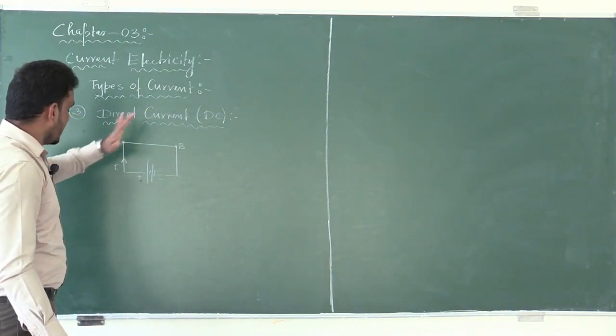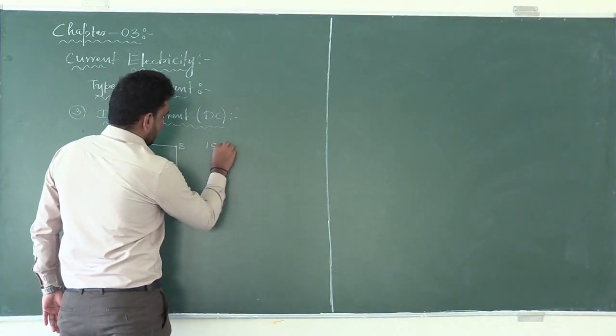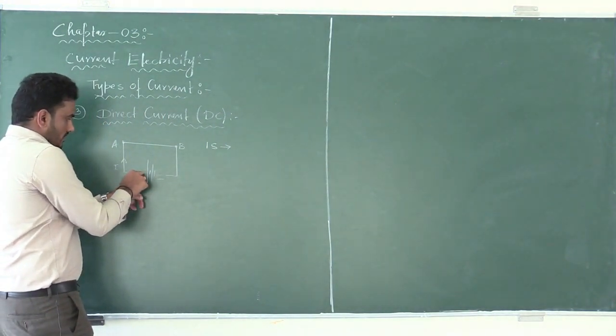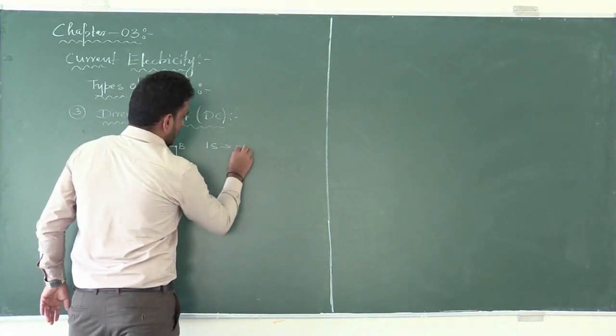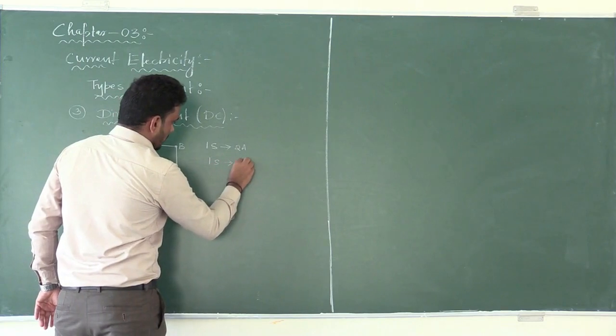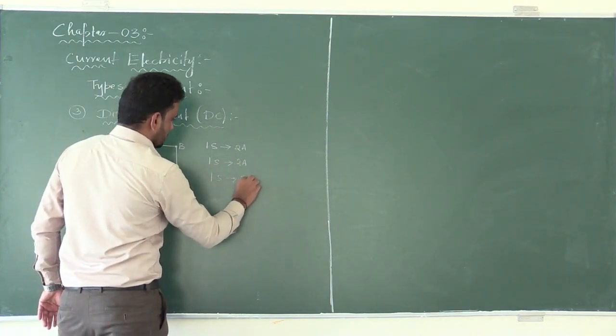In case of direct current also, in the first second, the current that flows from the positive terminal of the battery to the negative terminal of the battery, what is the magnitude? It may be 2 amps. In the next 1 second, 2 amps. The next 1 second, 2 amps.